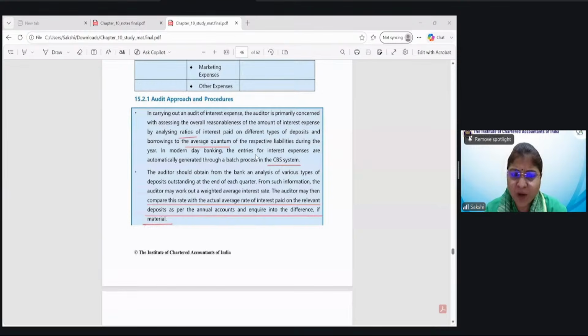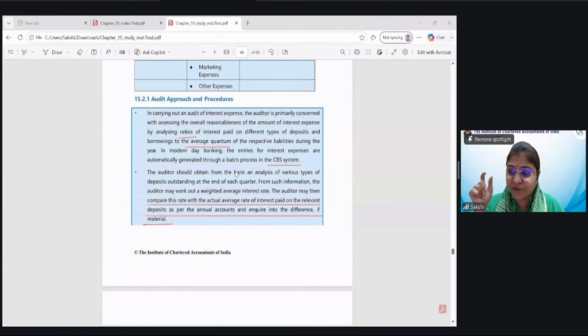Daksh is asking, ma'am, what is average quantum? Beta, average quantum of the respective liability.